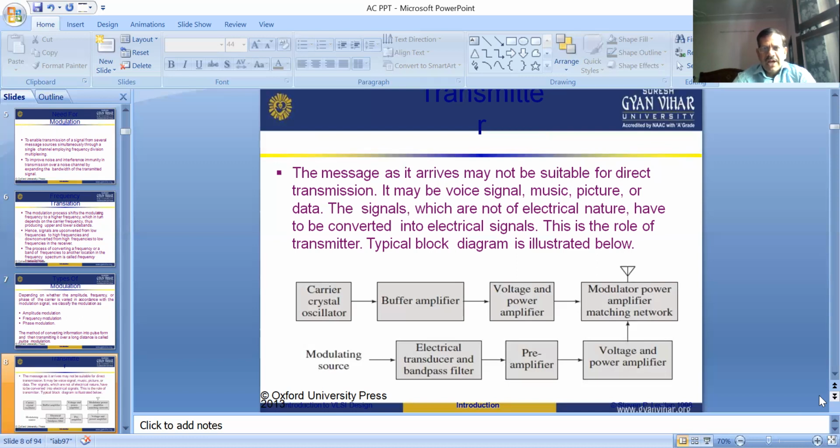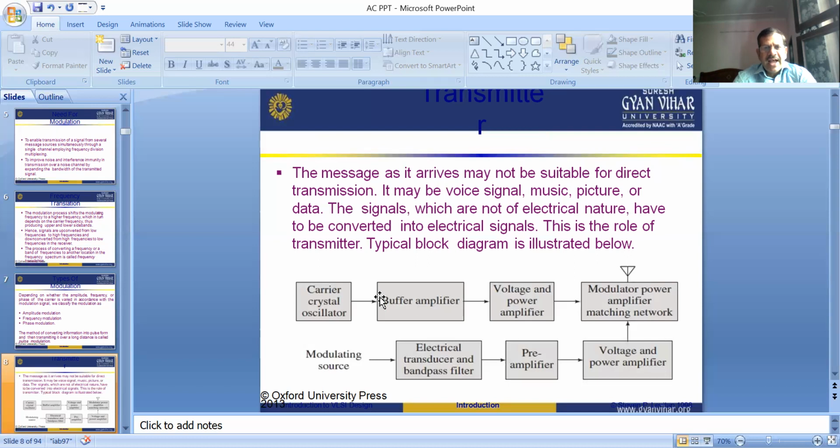So the typical block diagram of the transmitter and receiver system is illustrated here. In the first block there is the carrier crystal oscillator. The crystal oscillator is used to generate the carrier signal.